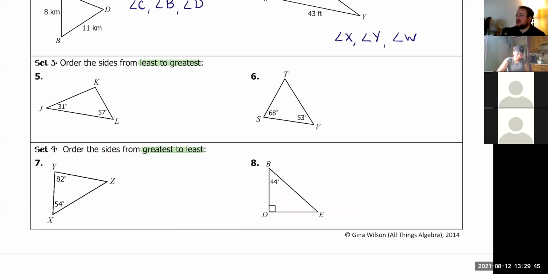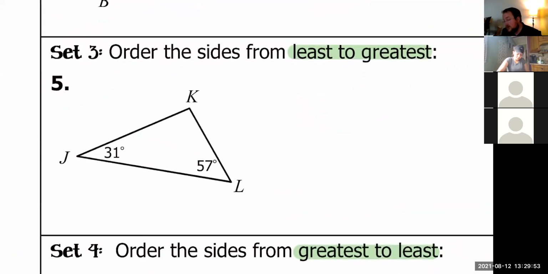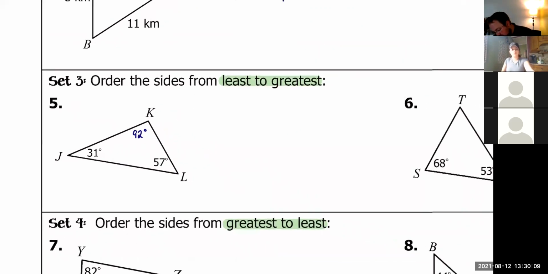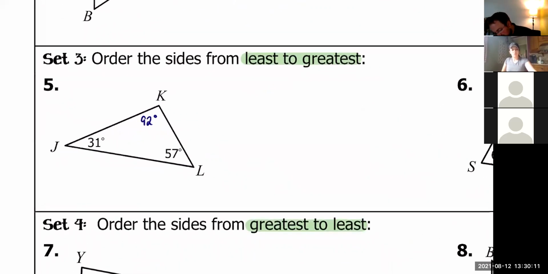It may be worth calculating. And how would you figure out the third angle? If you add 57 and 31, you get what? 88. Yeah, and then you subtract it from 180, and I think you get 92. Which is important now because that one is clearly the largest angle, which will affect how I answer this.